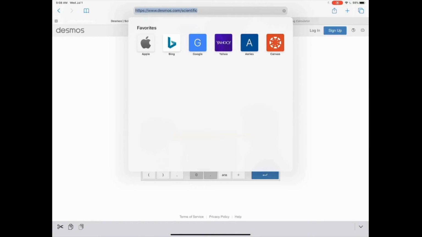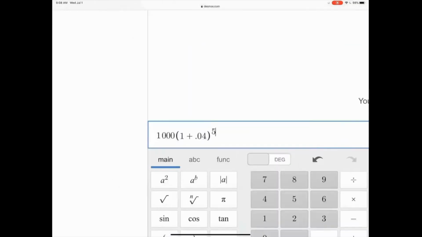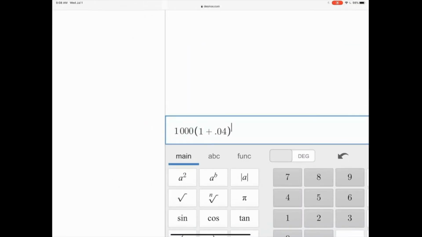So open up another tab and go to www.desmos.com/scientific. All right, and then I want you guys to try to do the same thing, but compute how much money she has after 10 years.